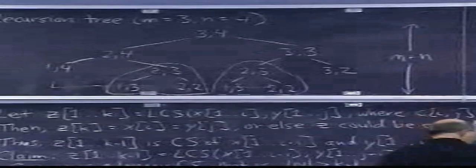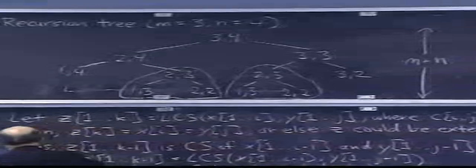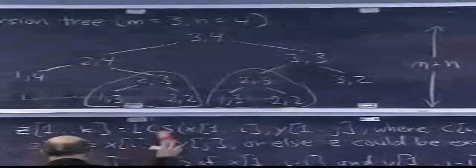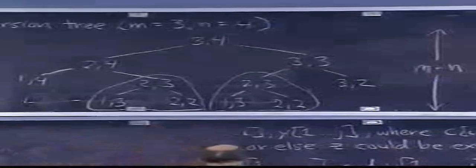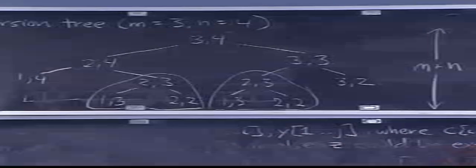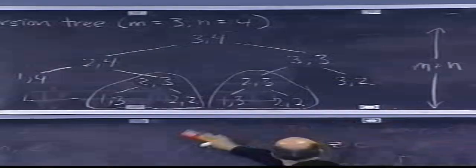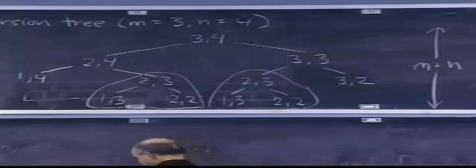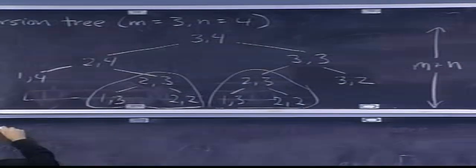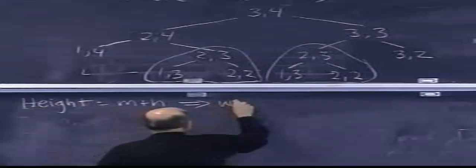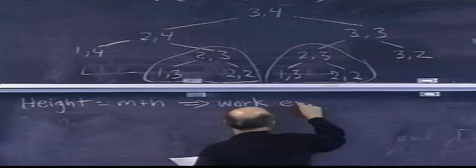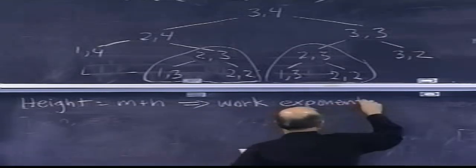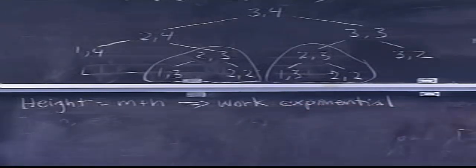And so the naive implementation of this recurrence implies that the work we're going to do is exponential in m and n, because it's basically 2 to the power of m plus n how much work we're doing.